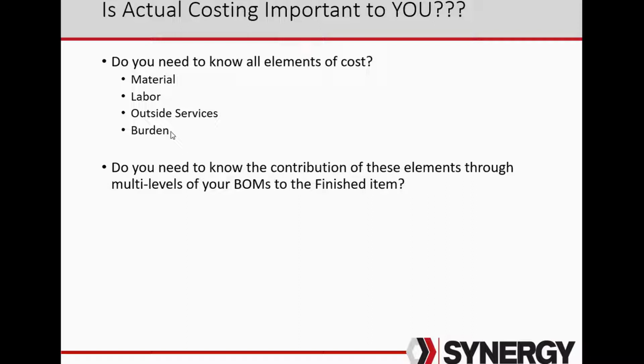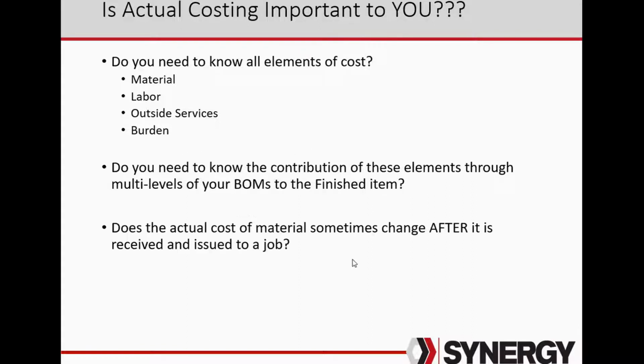I have one more question for you. Does the actual cost of a material sometimes change even after it's been received and issued into a job? Does that ever happen? I'm talking about things like purchase order changes after a receipt, or an invoice is different from that purchase order cost.